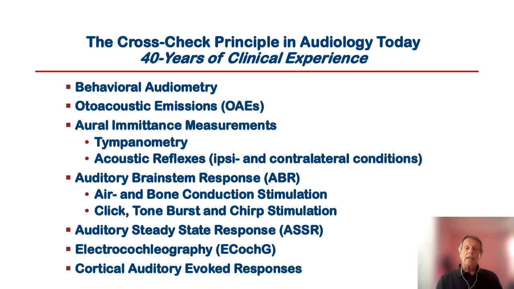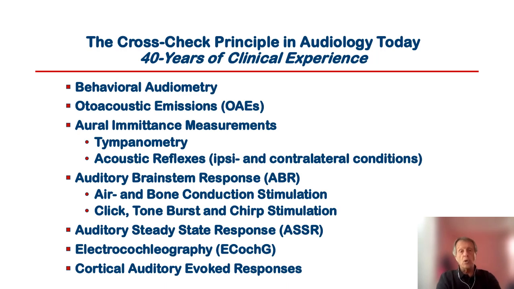Fortunately, today, 2022, we have a much more extensive diagnostic test battery to evaluate children and even infants. In addition to behavioral audiometry, we have otoacoustic emissions, which provide unique and objective information on cochlear auditory function. Of course, we still have aural admittance measurements, tympanometry, including high-frequency tympanometry, and we now have ipsilateral and contralateral acoustic reflex capability.